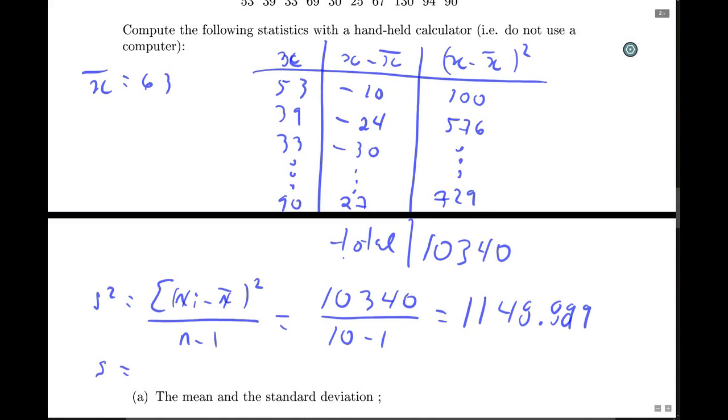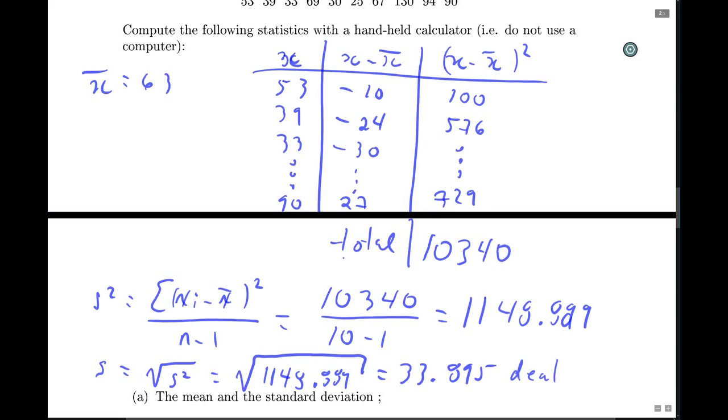by computing the sample standard deviation. So S, which is the square root of the sample variance. In this case, it's the square root of 1,148.889, and I end up with the sample standard deviation of 33.896, about, or 895.